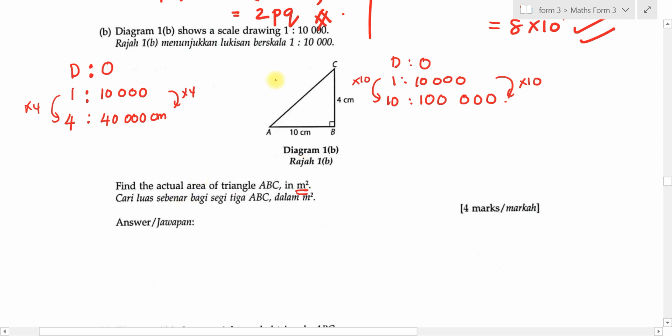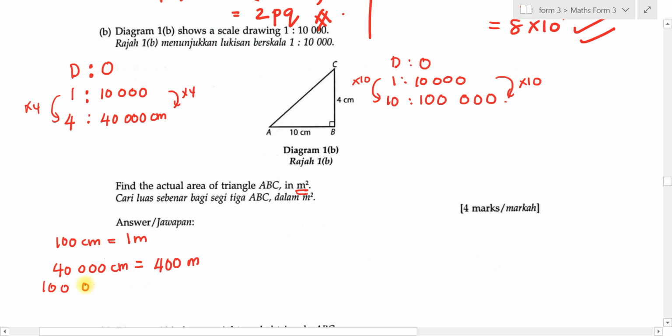Now we need to convert them into meter. 100 centimeter equals 1 meter, right? So 40,000 centimeter, you cancel 2 zeros, you get 400 meter. Divide by 100.